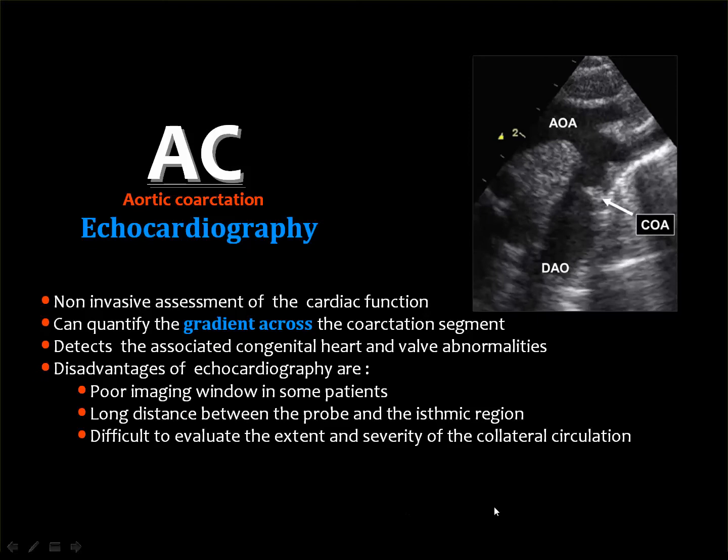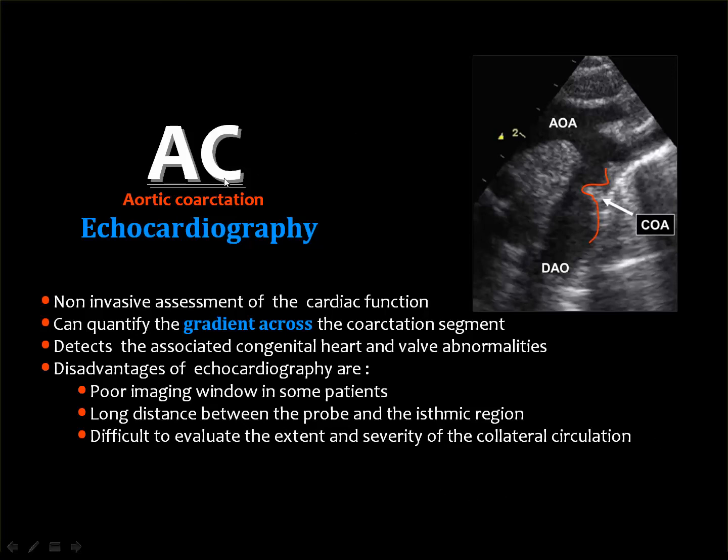Coarctation can be detected by echocardiography, although they usually say that the region of the aortic arch is not that well evaluated by echocardiography. And this is the appearance of the coarctated segment.